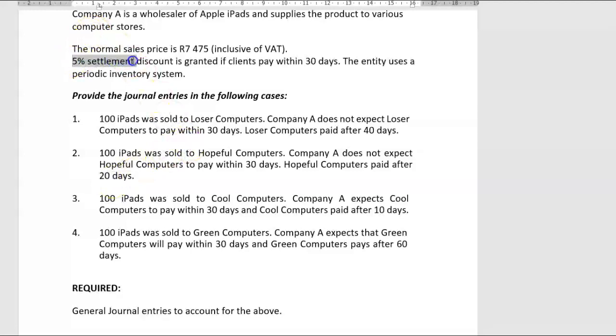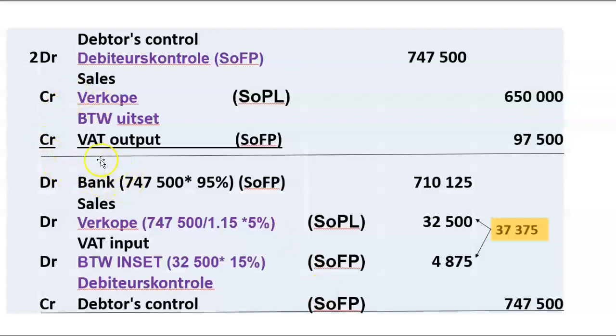Well, they are entitled to a 5% settlement discount, so they would only have paid me 95% of the outstanding invoice value. So the amount that I'm going to receive in my bank account is equal to 95% of 747,500, which equals 710,125. Good. Now, how much is currently lying on the outstanding debtors account?